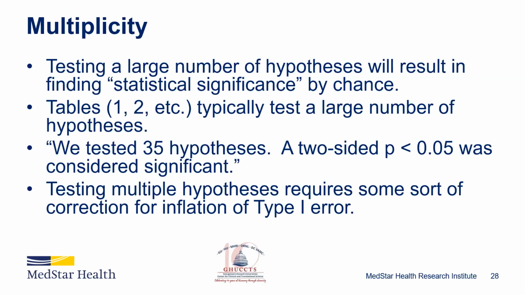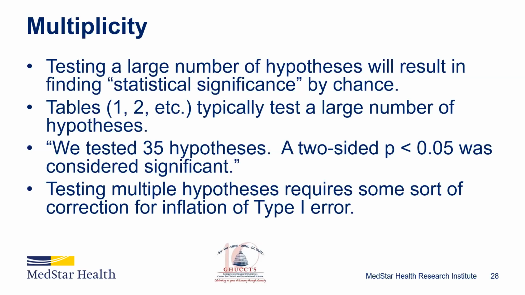Our conclusion is that if you do multiple hypothesis testing, you're going to have to make some sort of adjustment for the inflation of the type 1 error rate, or you're going to have to declare something statistically significant at a p-value that's probably smaller, and sometimes much smaller, than what you said it was.